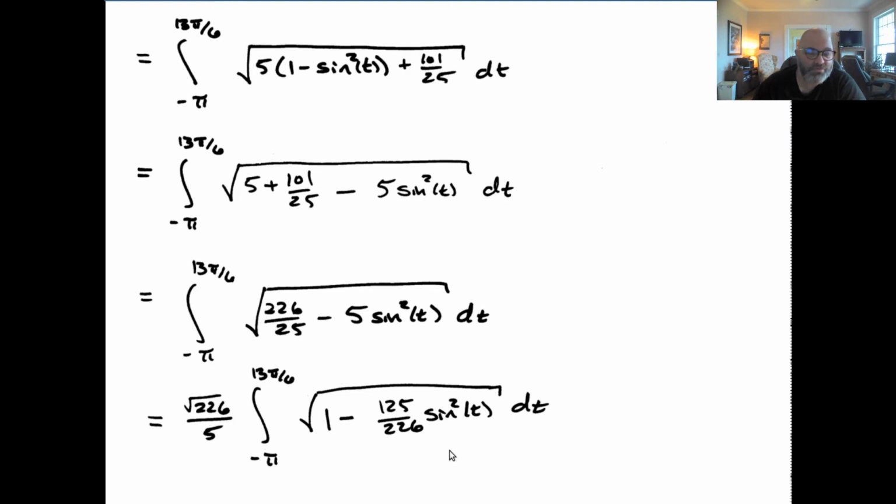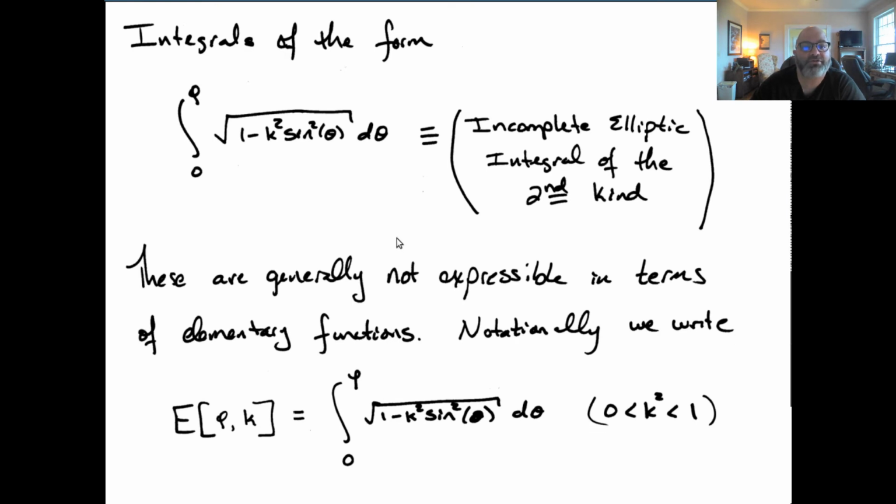Now this doesn't look like we've gained anything, but this introduces a brand new class of integrals that we haven't seen before. Those are called incomplete elliptic integrals of the second kind. They are of the form: the integral from 0 up to phi of the square root of 1 minus k squared sine squared, d phi.